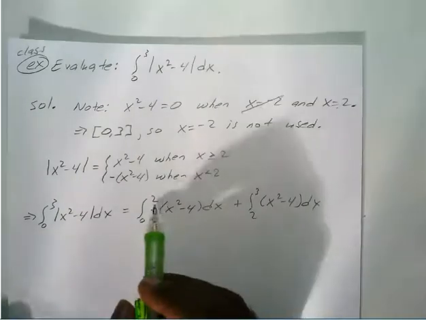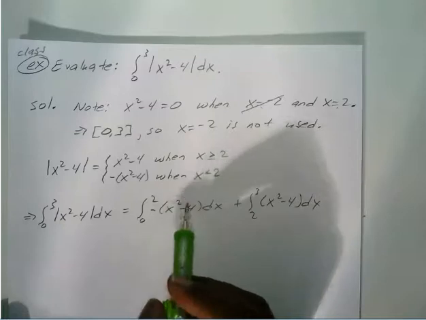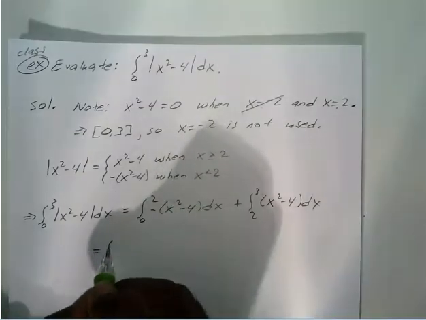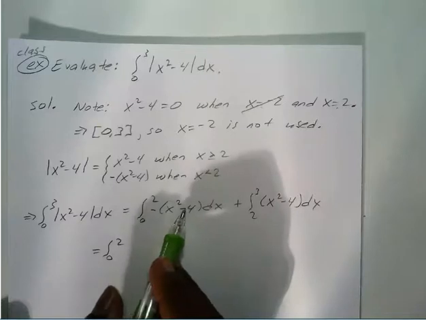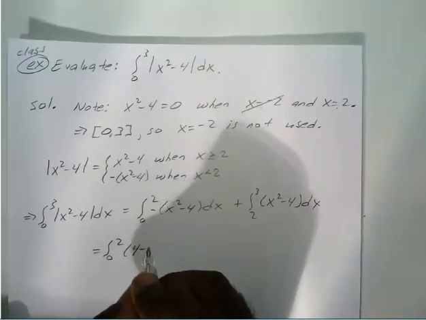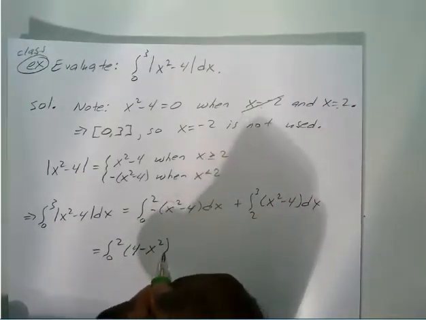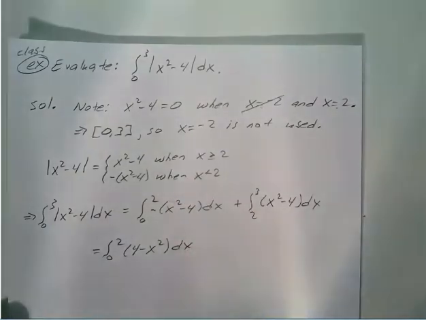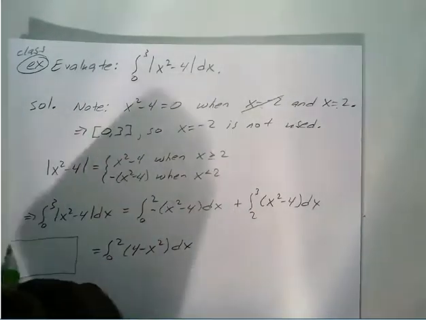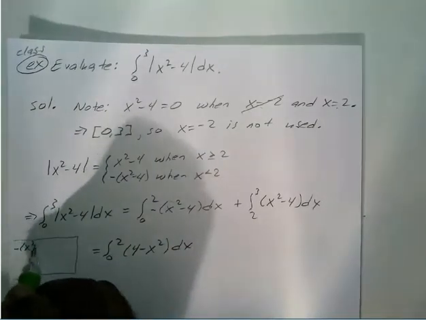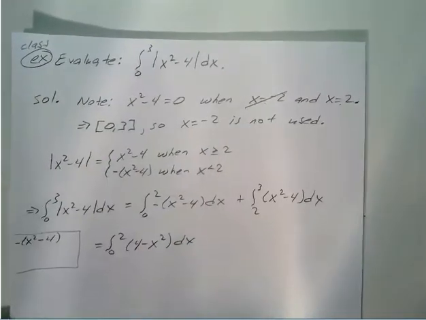When it's less than 2, we use the negative x squared minus 4. All right, so if we go ahead and distribute that negative, integral from 0 to 2, we have negative x squared plus 4, or we can make it 4 minus x squared with respect to x. Okay, so all I did was, just to make sure I didn't lose anyone, negative x squared minus 4.